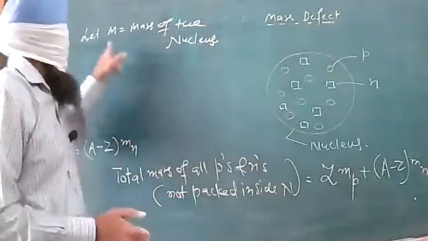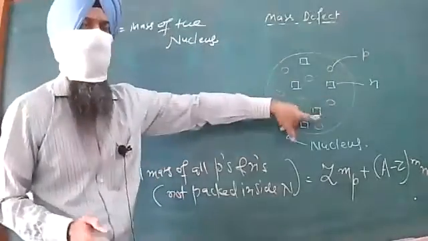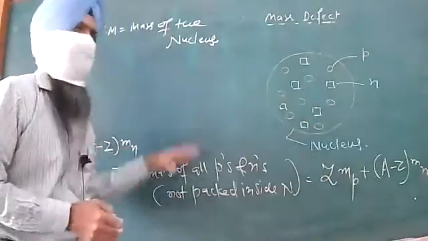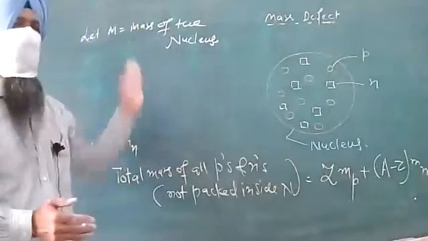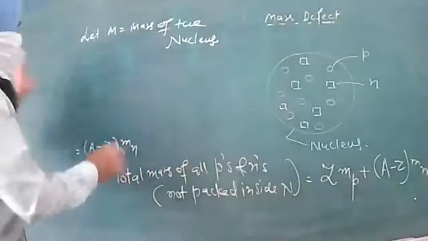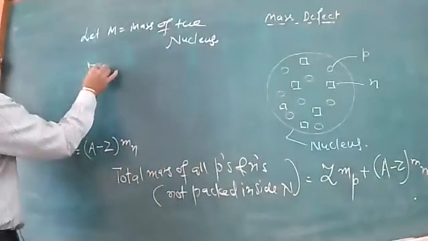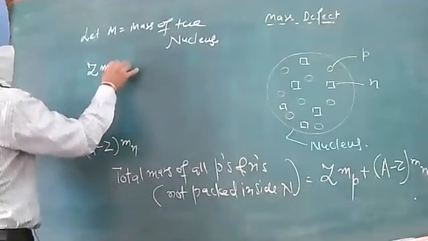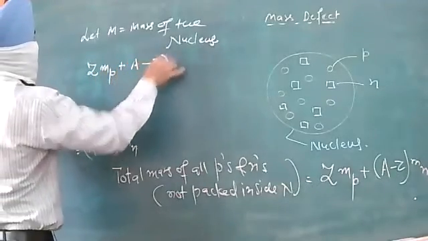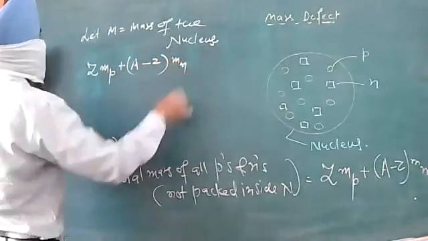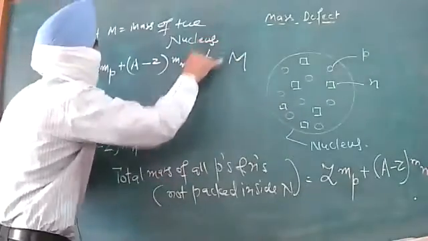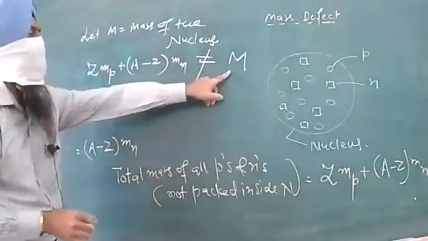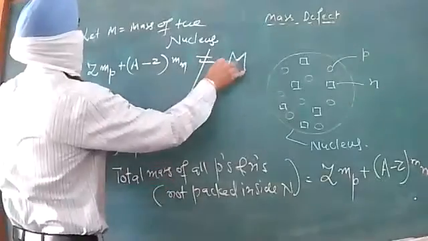Otherwise speaking, this mass of the nucleus, because these only are the particles packed inside it, these two should be equal, but these are not so. What we need is that Z into mp plus A minus Z into mn should be equal to capital M, but it is not so. Capital M is slightly less than this.